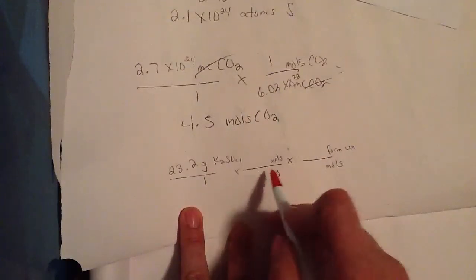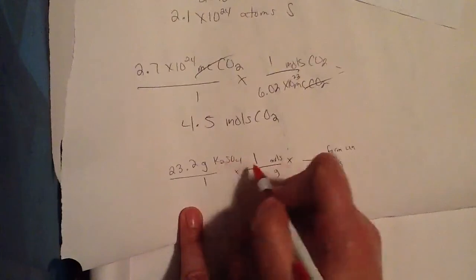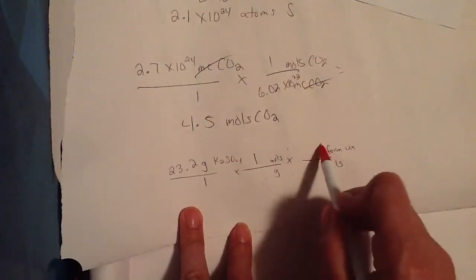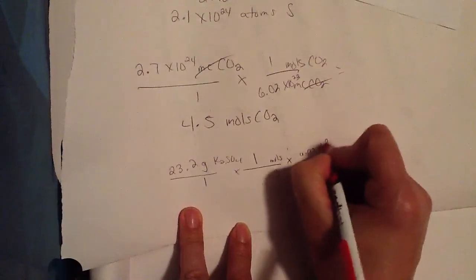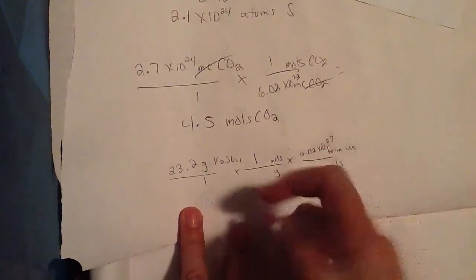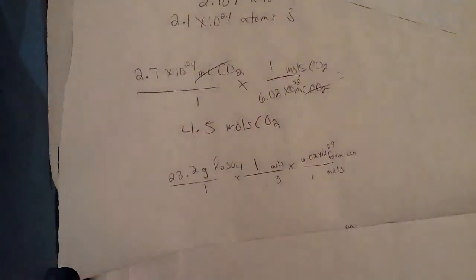Okay, let's fill in. So moles to grams, we have to find the molar mass, which we'll do here in a second. Moles to formula units, 1 mole is Avogadro's number, 6.02 times 10 to the 23rd. Alright, let's find our grams. So we've got potassium. And potassium, I believe, is 39, but let me go ahead and check to make sure.